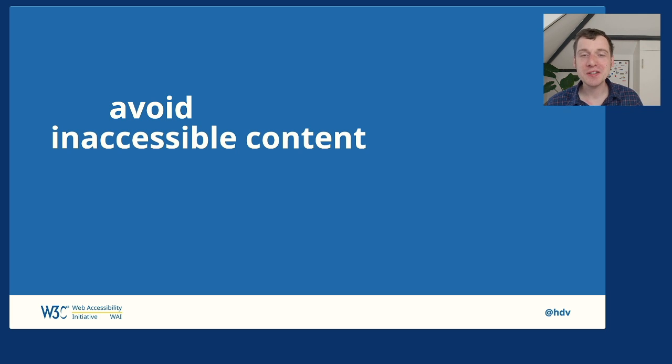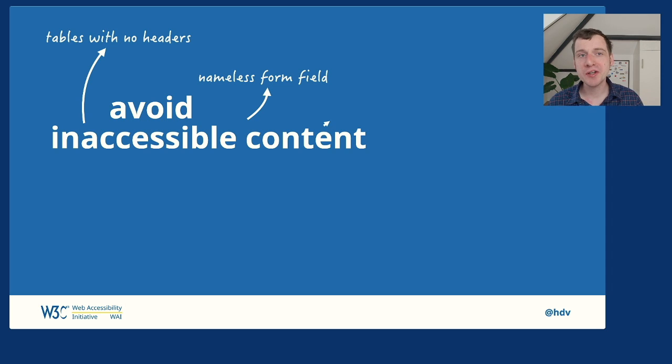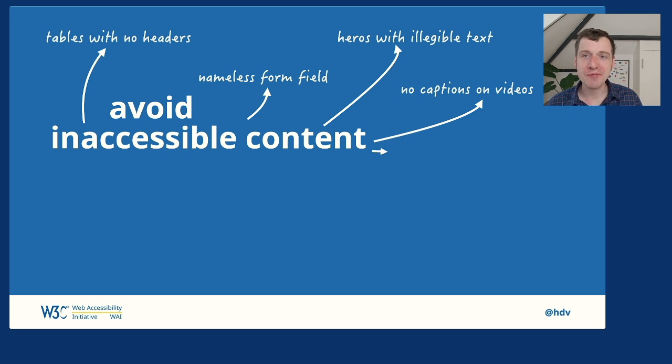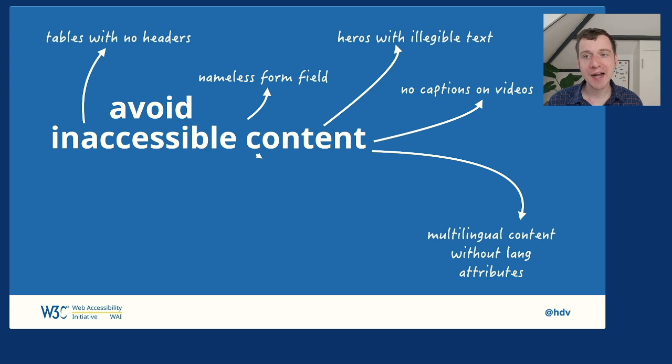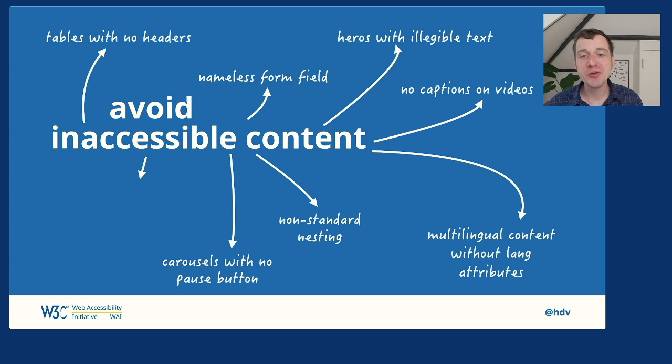And an accessibility assistant would of course help avoid inaccessible content. So it would avoid things like tables with no headers. It would avoid things like form fields that have no names, illegible text, captionless videos, multilingual content that doesn't have the right lang attributes, non-standard nesting, carousels that don't have a pause button, and headings for the wrong reasons.